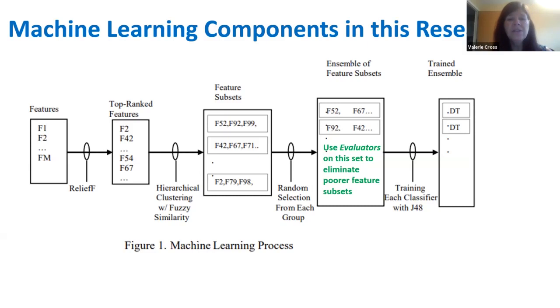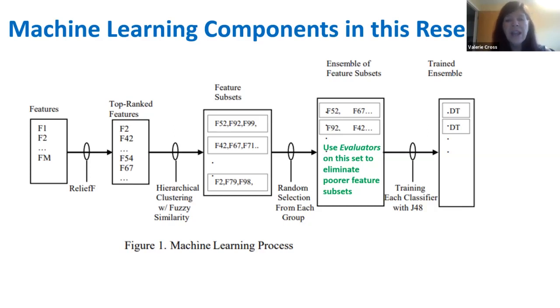We get these different groups of feature subsets, and then we randomly select a feature from each group. So each ensemble will have a number of features equal to the number of groups that we have created.